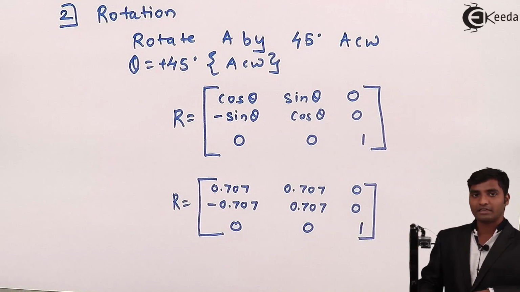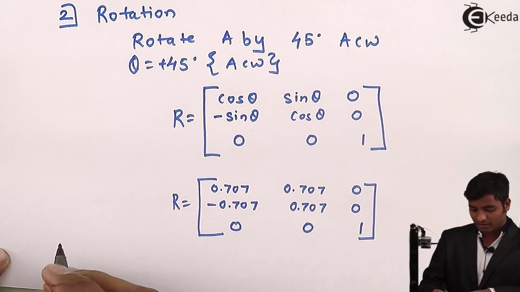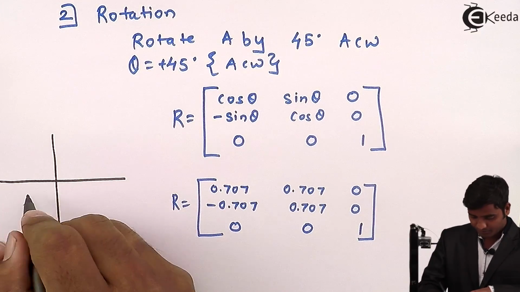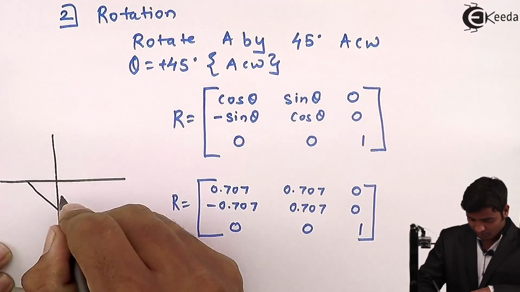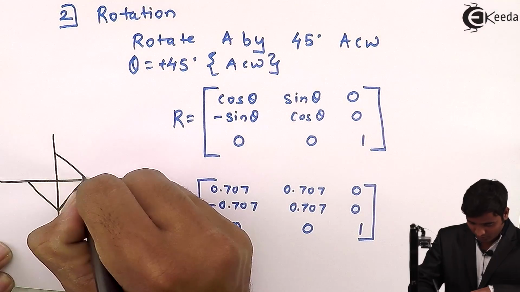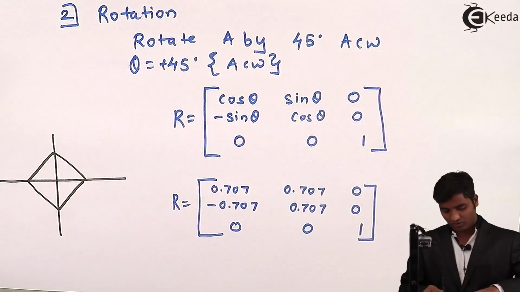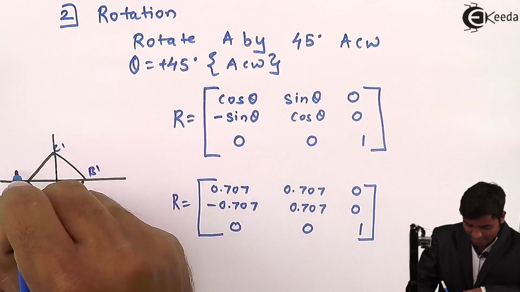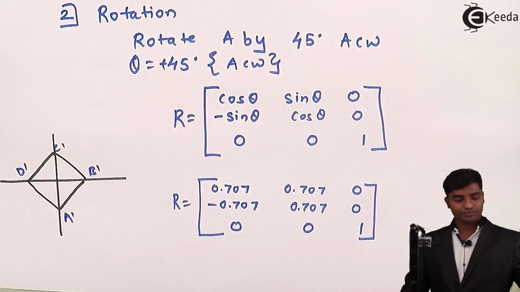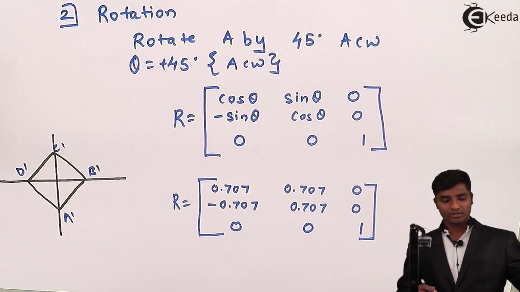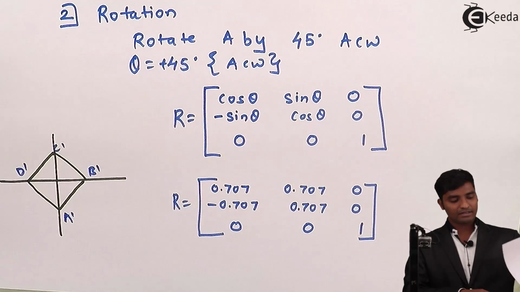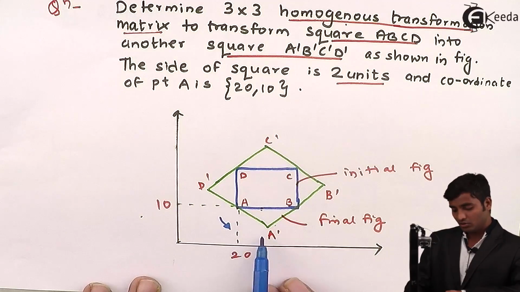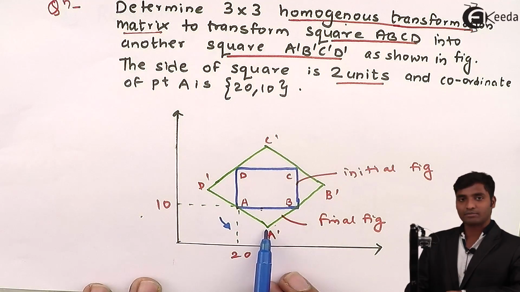After performing this rotation, the figure will become A dash, B dash, C dash, D dash. So we rotated the square as required in the problem. Initially A was here, and after rotation, A comes out to be here.